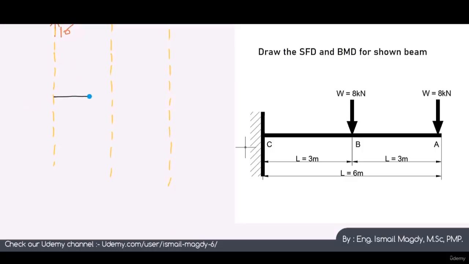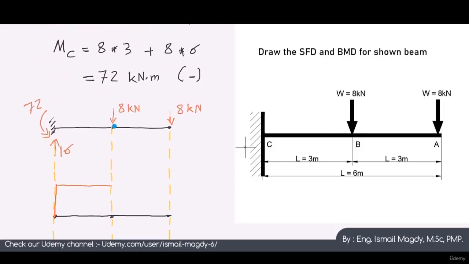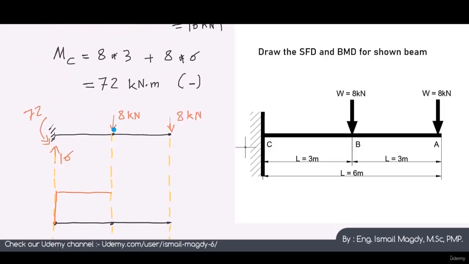Let's start first with the shear force diagram. We will start from the left. The first force we will face is the reaction. It's 16 kN and going upward from the left side, which means it is positive. So we will go upward here, and there are no other vertical forces here, so we'll keep going horizontal till we reach this point where there is this 8 kN going downward.